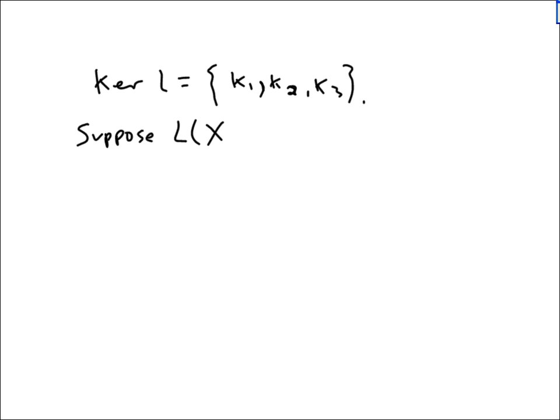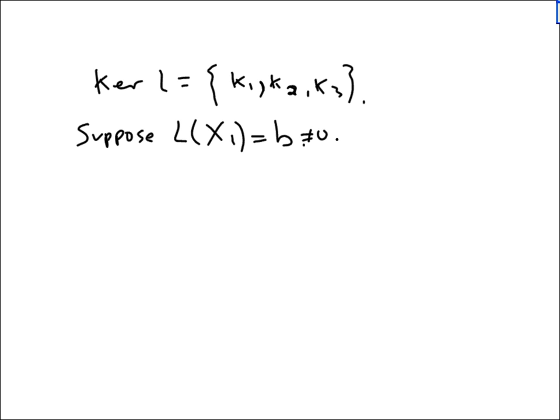In other words, suppose the kernel of L is equal to k1, k2, k3. There are only 3 elements in the kernel of L. And suppose L of x1 is equal to b. b is not 0.